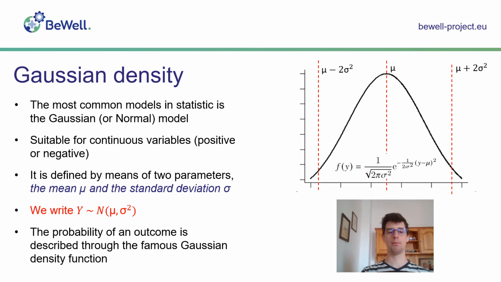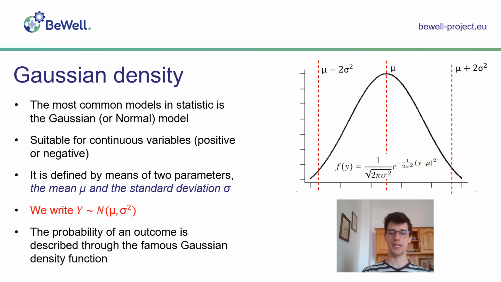It is defined by means of two parameters, the mean, denoted by mu, and the standard deviation, denoted by sigma. The mean mu defines the center of the distribution, while sigma models the variability around mu.